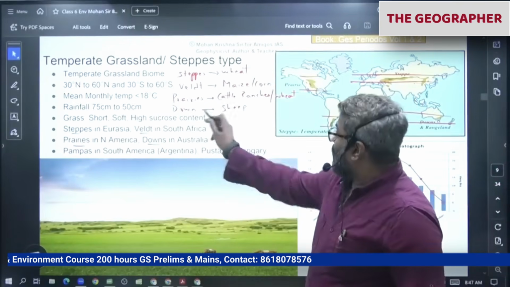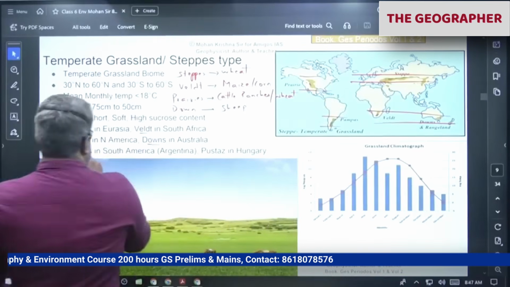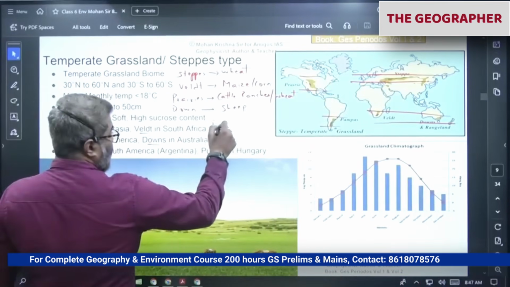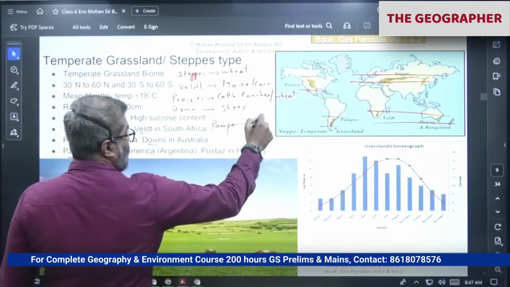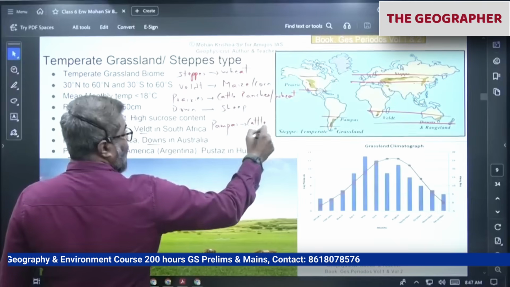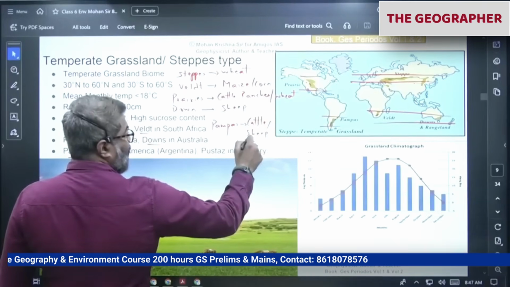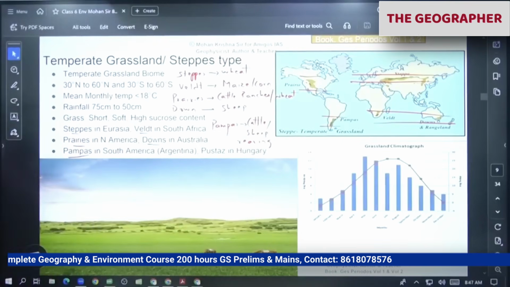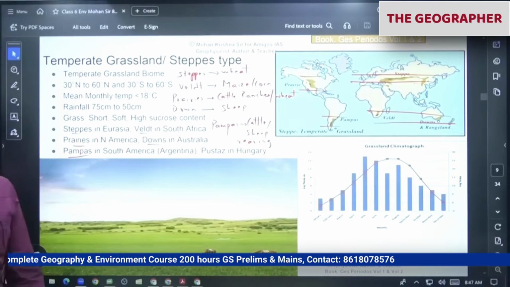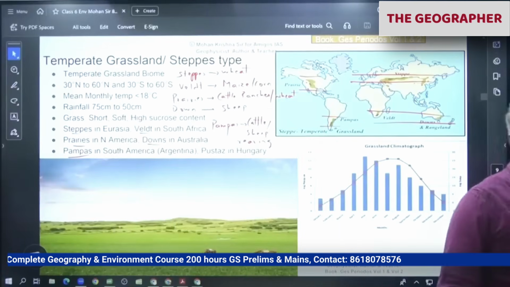So Downs, Australia is famous for sheep rearing. Pampas are famous for cattle. Which place is famous for what, they might ask. So in different places, people have different occupations and different types of animals for their livelihood.